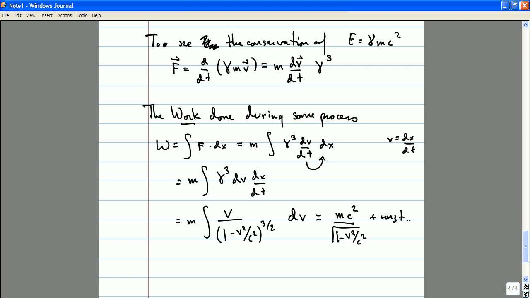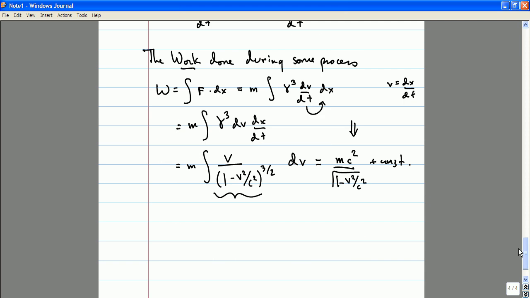Well, you can just check that the v derivative of this quantity that I wrote down here is precisely what's appearing here. In fact, that's exactly the same computation I did above. And remember that the work that is done during some process is otherwise known as the change in energy, delta E, during that process.